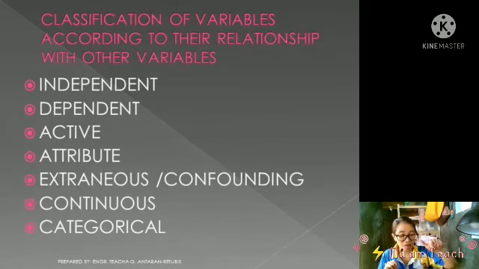If you vary the resistor, that's already considered independent. So once you vary the resistors, what will happen to your current? It will also change. So voltage and resistance there are considered to be independent, and your current is your dependent variable. Do you get, class? Do you get the difference?